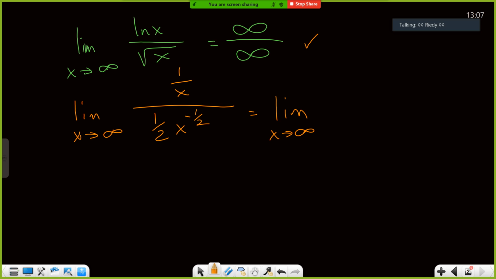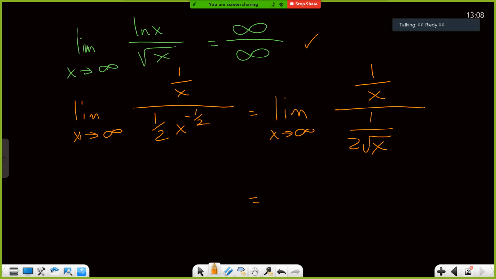It would help to rewrite this bad boy. And I don't want to plug and chug yet, I'd like to simplify that a little more. Dividing by a fraction is the same thing as multiplying by the reciprocal.